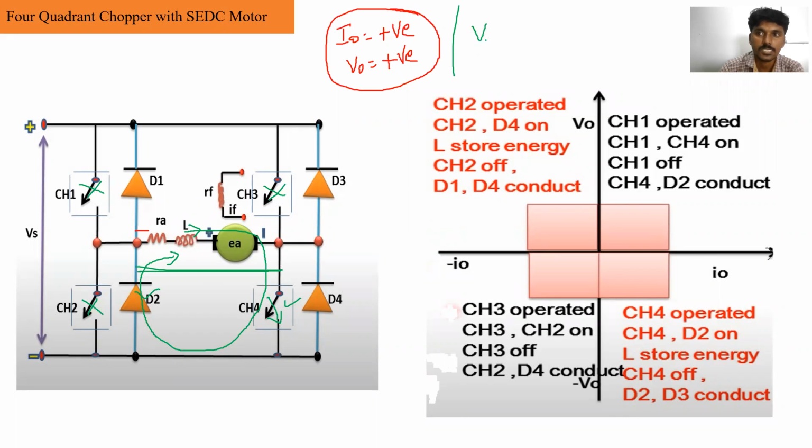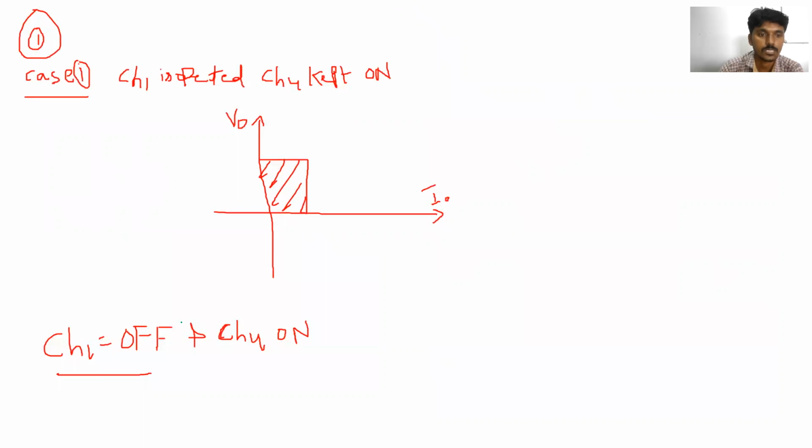In the second case of the first mode, V0 is equal to 0 and I0 is still positive. Clear?